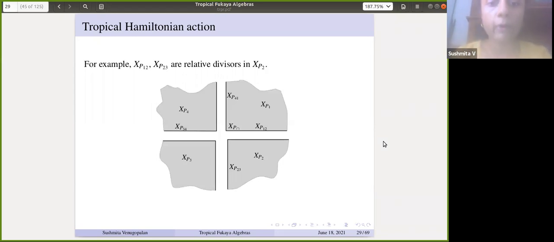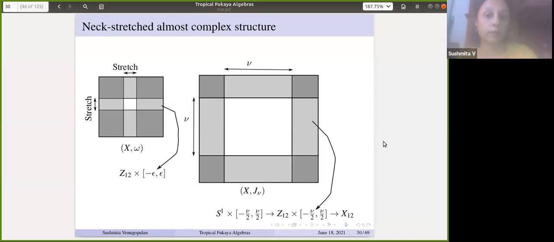And when you actually perform the cut, you get these cut spaces, 4 cut spaces, and each of them has 2 relative divisors. Okay, so now we perform neck stretching in 2 directions instead of 1.